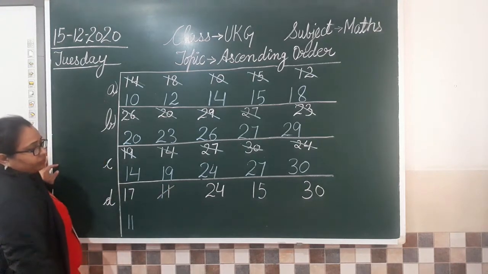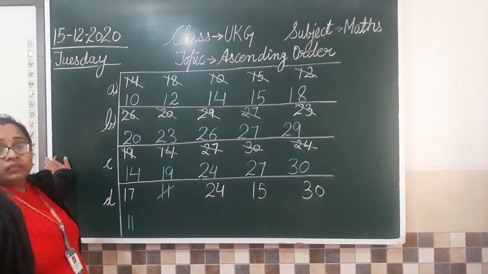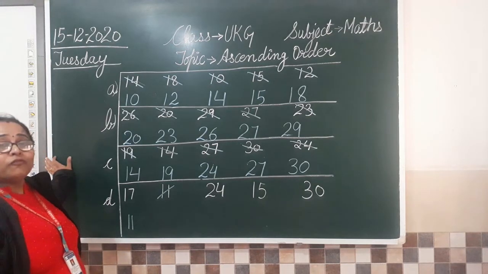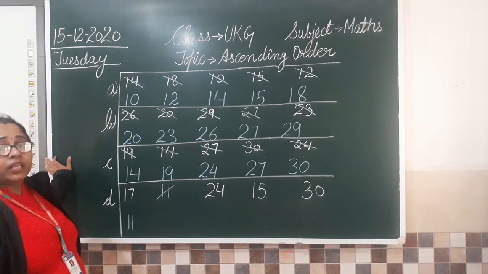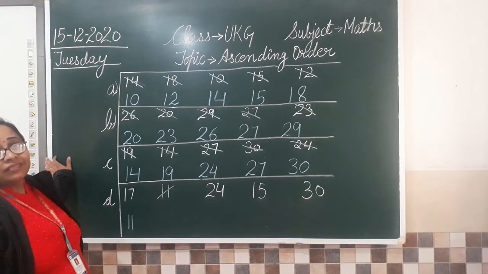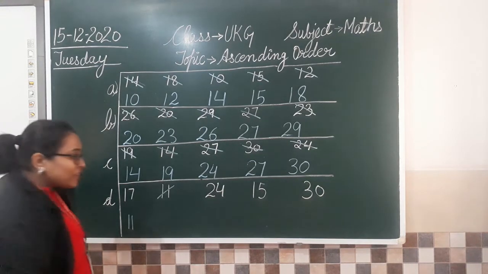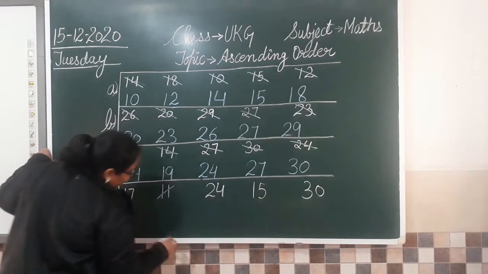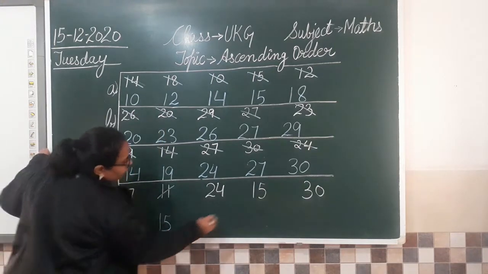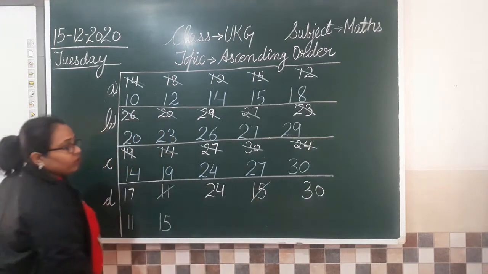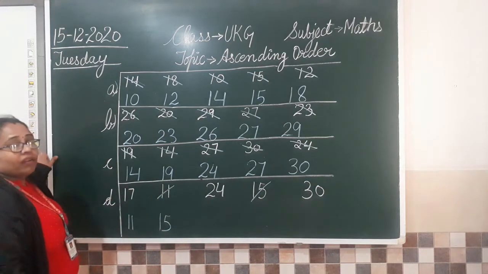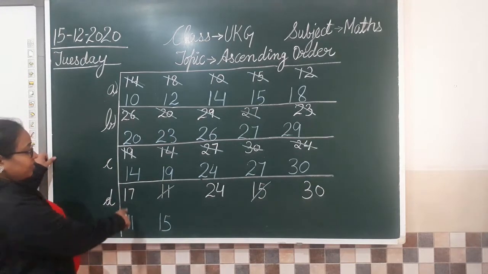Next we have 12, 13, 14, 15, 16. Yes, 15 is given to us. So we'll write 15 from here and we'll cut. After 15 will be 16. We don't have it, then it's given 17.